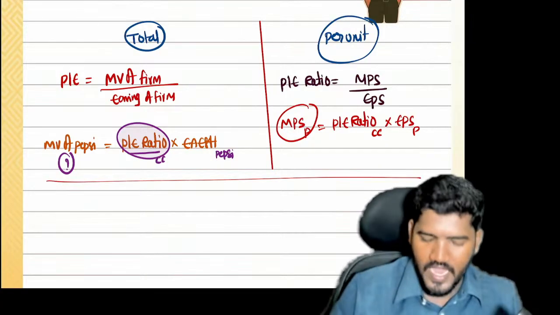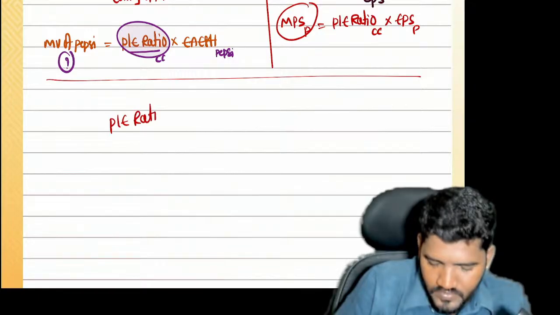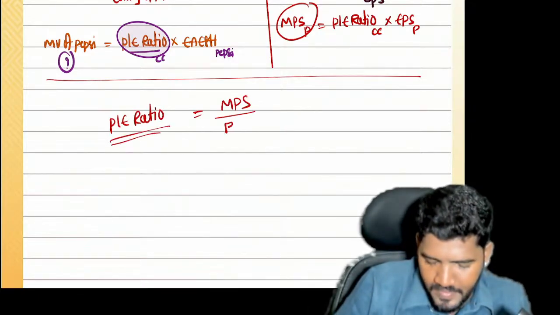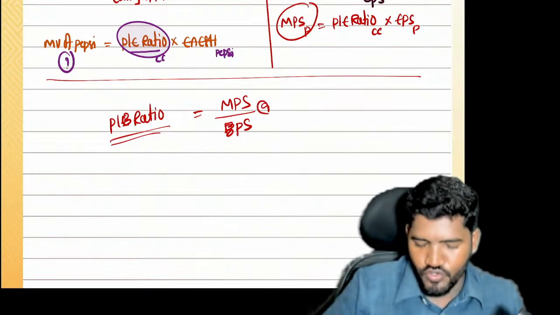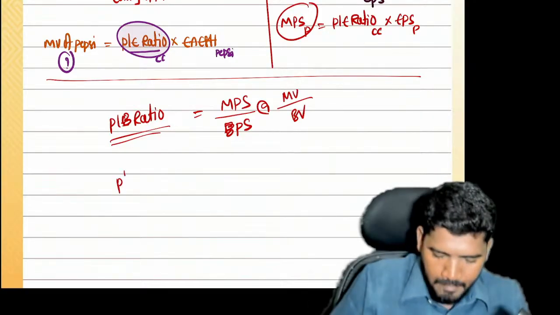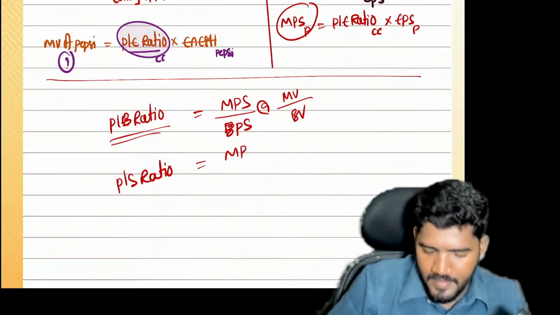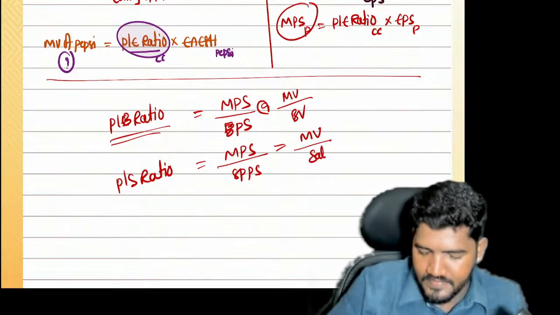Similarly, we have the PB ratio: MPS divided by book value per share, or in total terms, market value divided by book value. Next, the PS ratio or PS multiple: MPS divided by sales per share, that is, market value divided by sales.